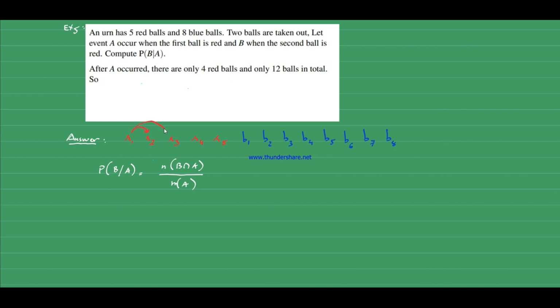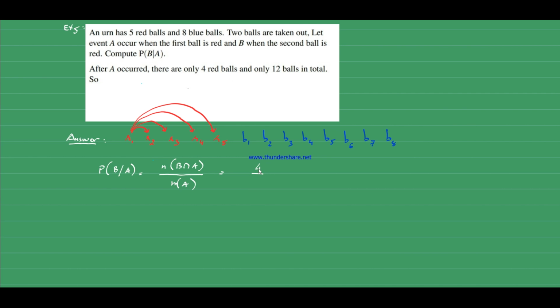Then there's another pair like that, 3, then another pair and another pair. So there are only 4 options to pick 2 red balls at the same time: 1, 2, 3, 4. The intersection means picking a red ball the first time and the second ball is also red. So the cardinality over here must be 4.